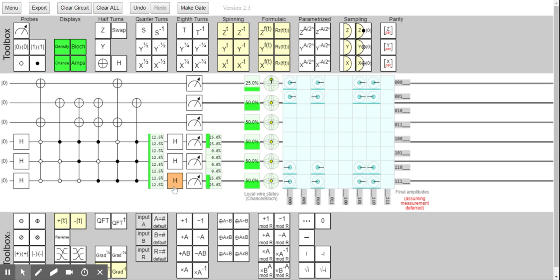So this must mean that there has been some phase shifting in here, right?